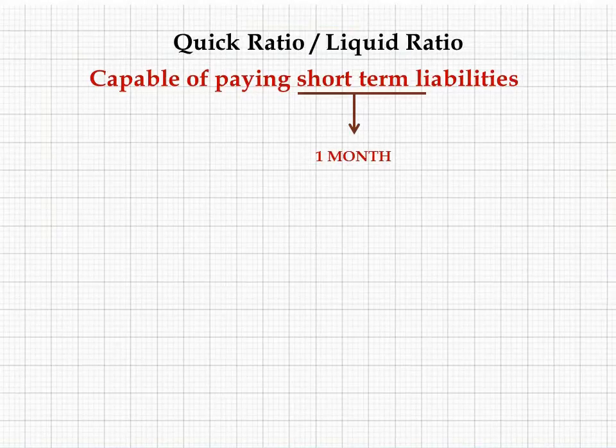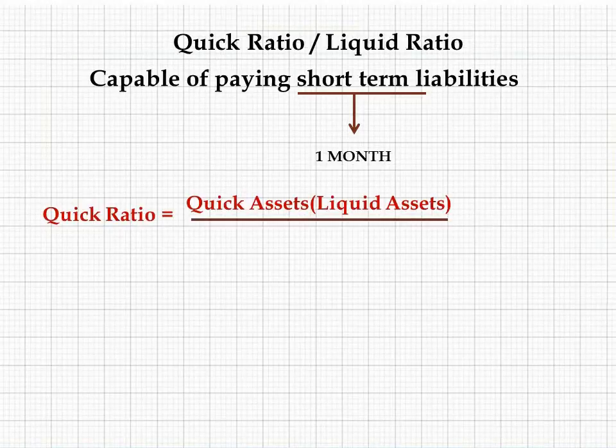So this is the definition, and the formula of this ratio is quick assets, or you can call it liquid assets, upon current liabilities. Actually, there is not much difference between current assets and liquid assets. Only stock and prepaid expenses are excluded from the current assets, and it becomes liquid assets.